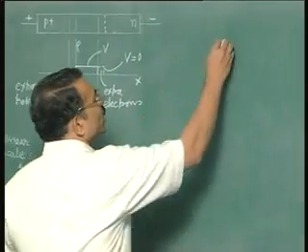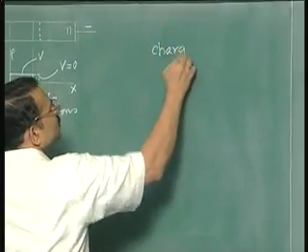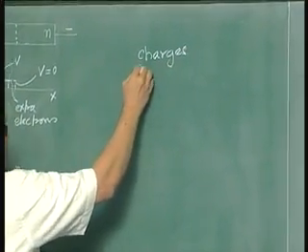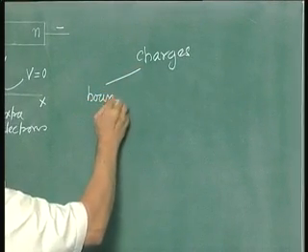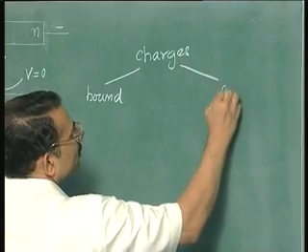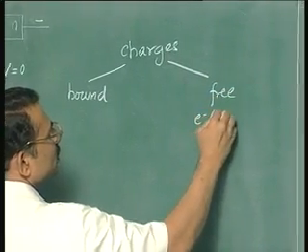In the PN junction you have charges which are because of impurities which are bound charges, and you have free charges which are electrons or holes.